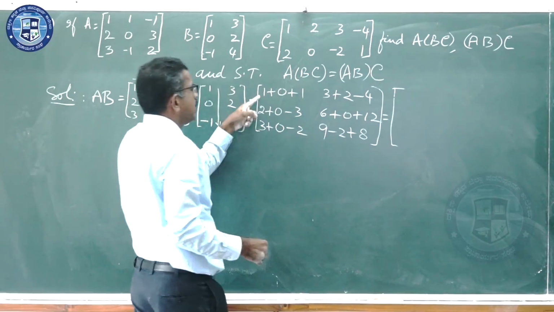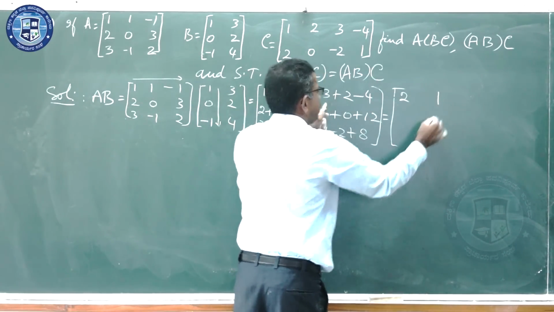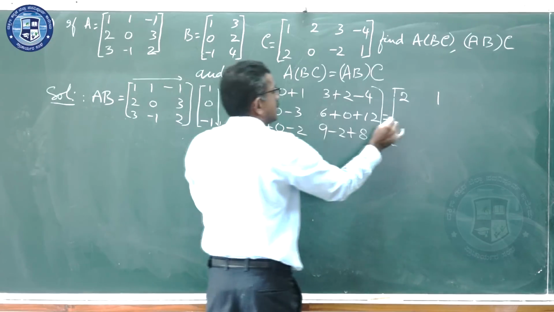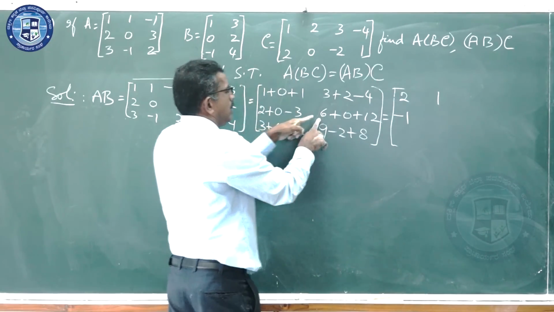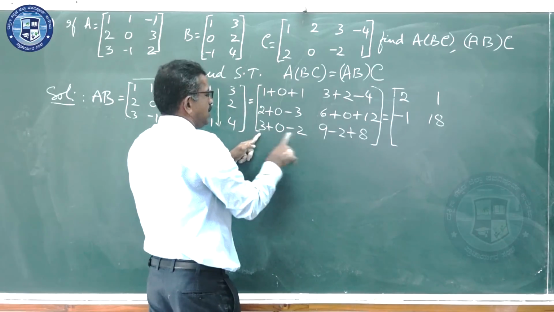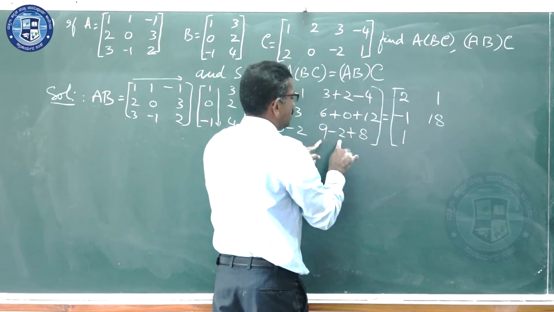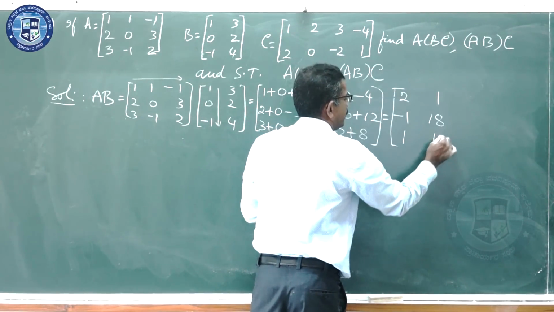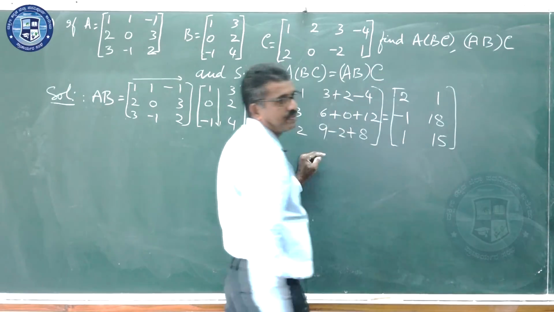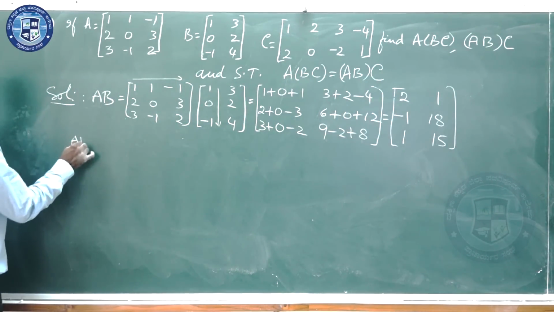So the first is 2, second is 1, third is minus 1, here 18, here 1, and here 7 plus 8, 15. That is AB.